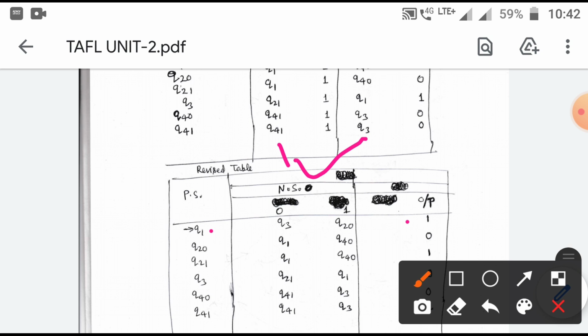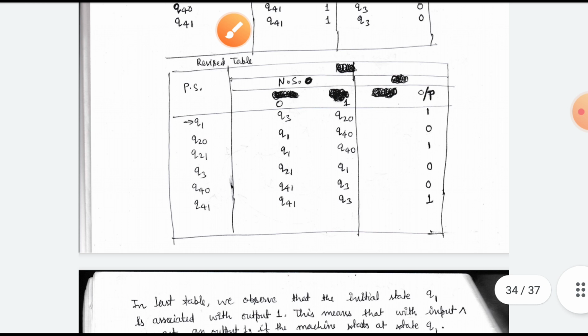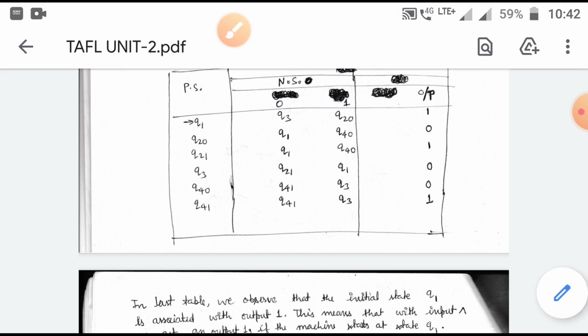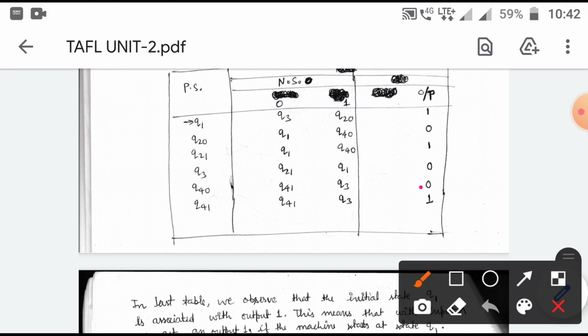Since Q1 is associated with 1, so 1. Q20 is associated with 0, Q21 is associated with 1. Q3 is associated with 0, so there will be 0. Q40, as the name suggests, is associated with 0, so put 0 here. Q41 is also associated with 1, so 1.